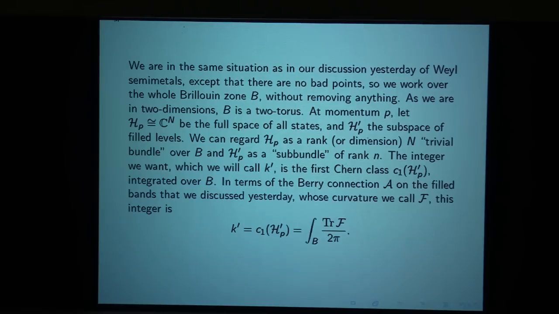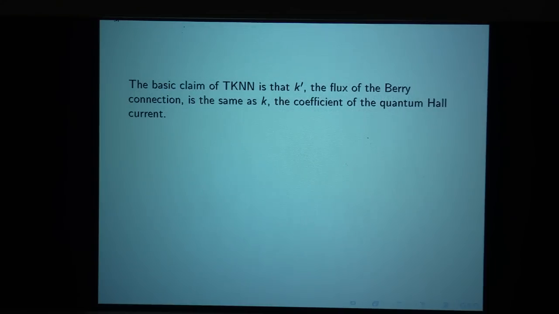So there's an integer characteristic of 2-dimensional band theory where you integrate the trace of the Berry curvature over the Brillouin zone. The basic claim of TKNN is that k prime, which is the flux of the trace of the Berry connection, is the same as k, the coefficient of the quantum Hall current.